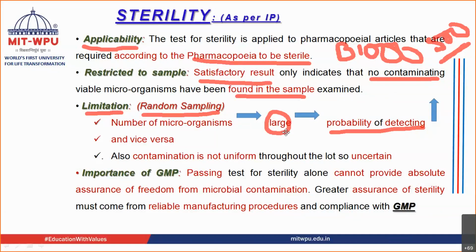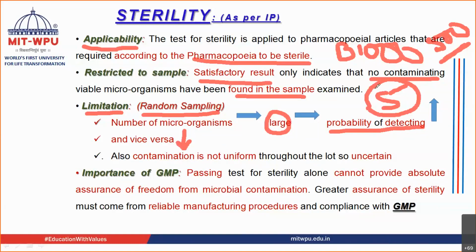Vice versa, if out of 1000, only 5 containers are non-sterile, are contaminated, then the chances of detecting these microorganisms by this test of sterility become very less, isn't it? The probability of detecting the microbial contamination becomes less because very few containers are contaminated.